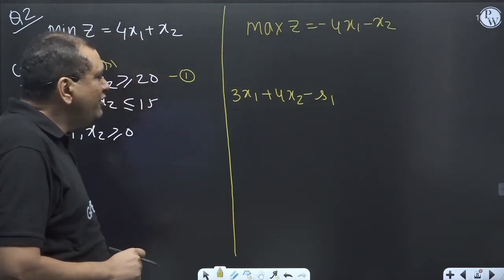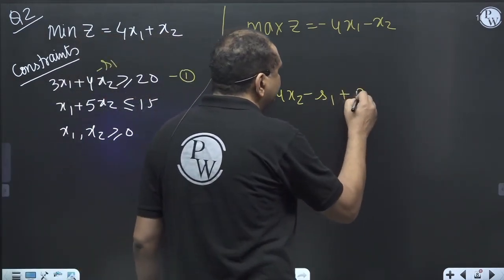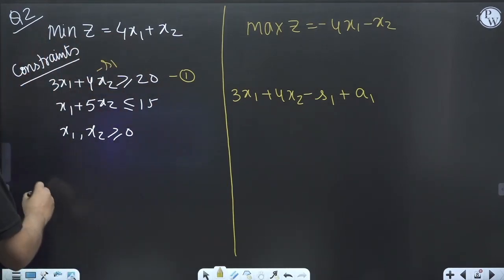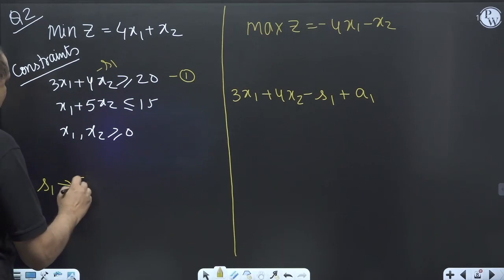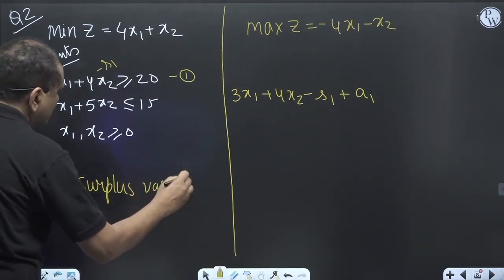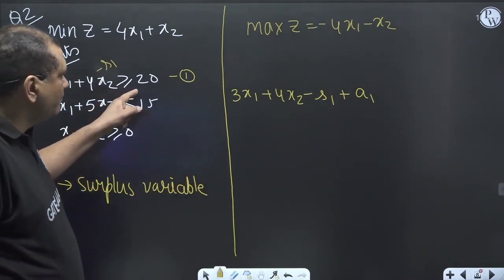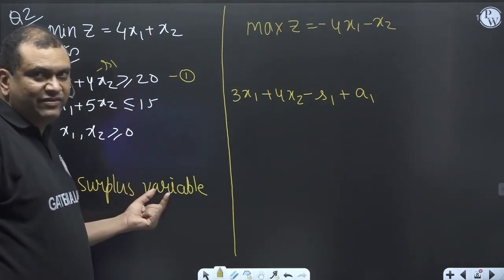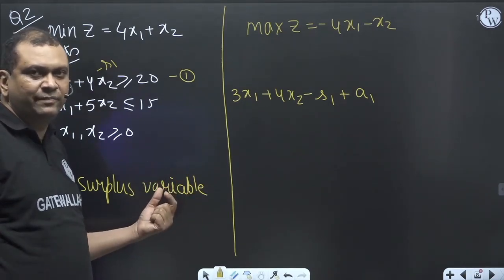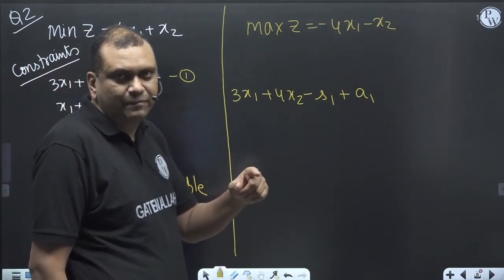For that, we use one artificial variable, let us say a1. S1 is called the surplus variable, and in the constraint, whenever a surplus variable comes, one artificial variable also comes along with it.